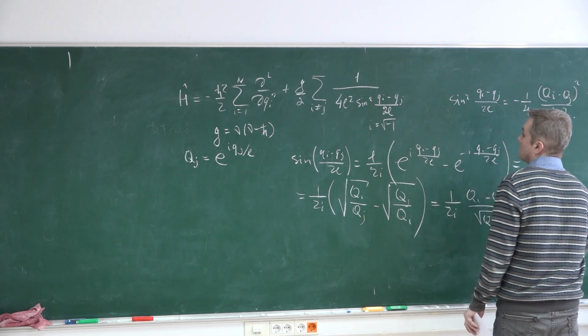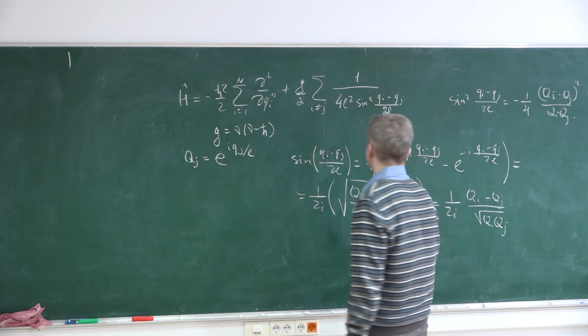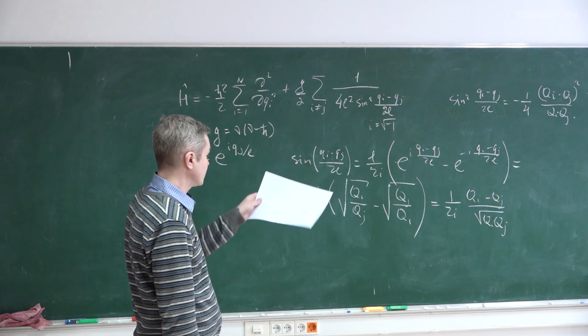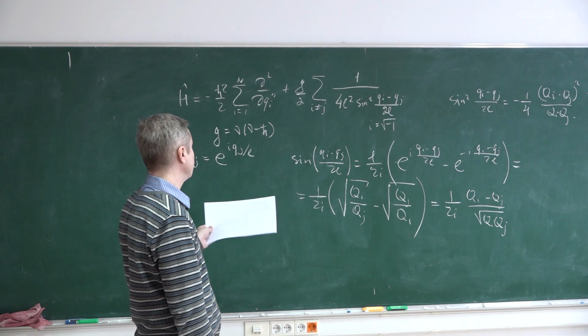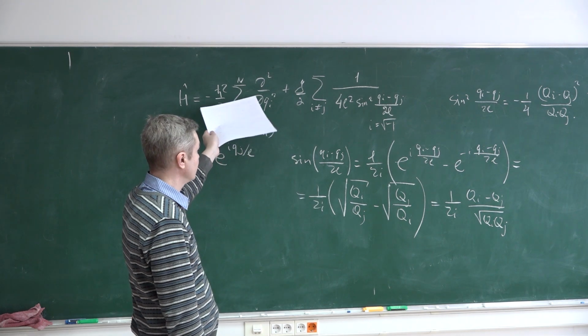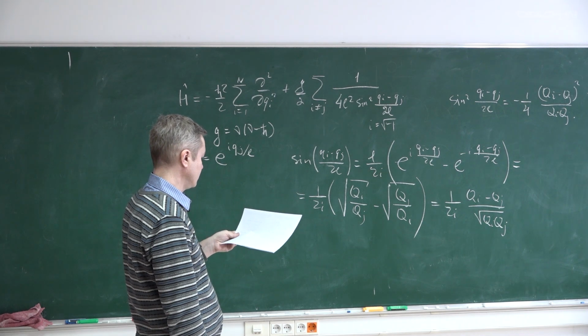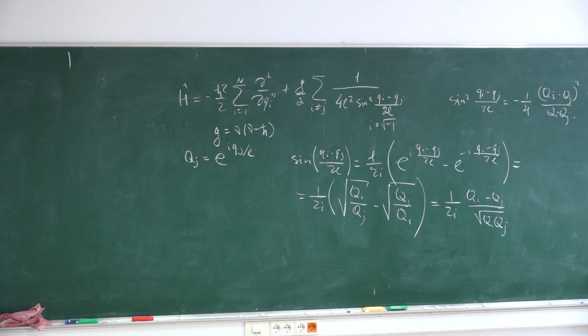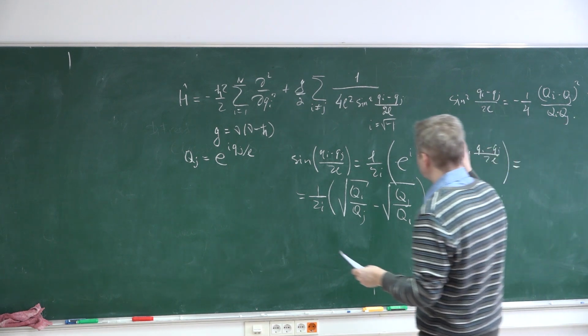So that we may rewrite this potential very easily in terms of this q large. And of course, using this q large, we may rewrite also the Laplacian. We sometimes will use q small variables, sometimes q large. The transition is simple.